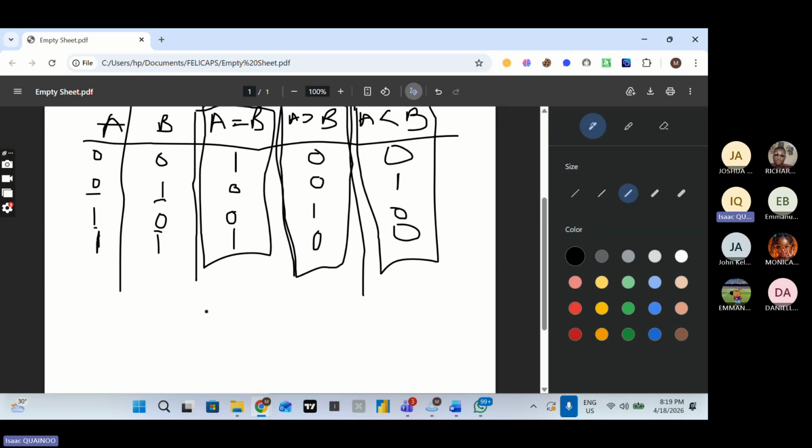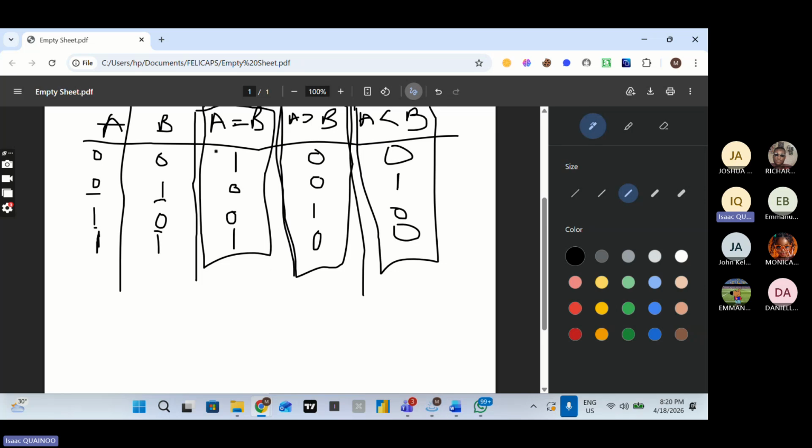So if you have a question on magnitude comparators, it will not be ideal to start drawing your truth tables for a 2-bit comparator, which will be a very long process. By the time you are done, you would have spent maybe 10 or 15 minutes on just one question. So that method is advised for that scenario. And when you get there, I'm going to show you.